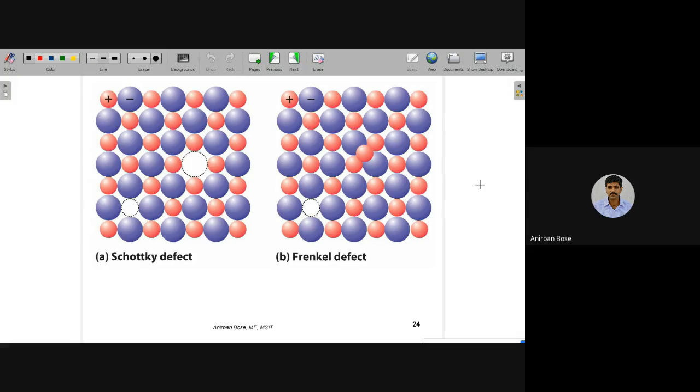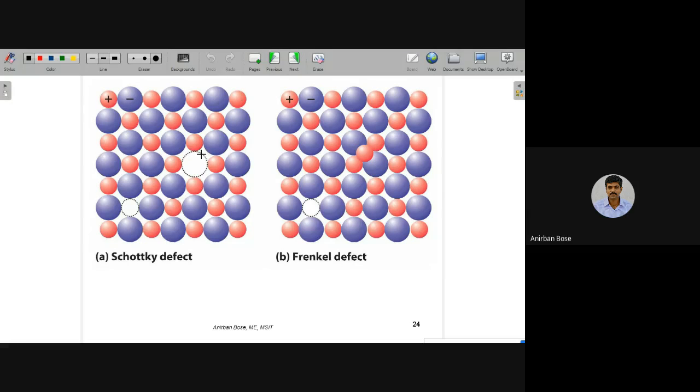Now first see the Schottky imperfection. If one cation and one anion are missing from the whole structure, the structure will still be electrically neutral. Remember, ultimately the whole material has to be electrically neutral. So if one cation is missing, one anion also has to be missing so that it becomes electrically neutral.